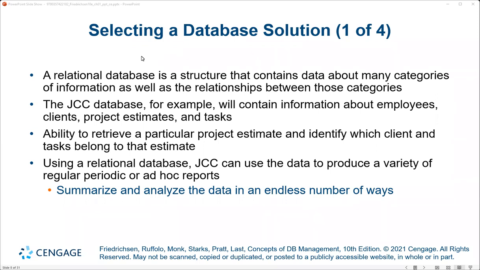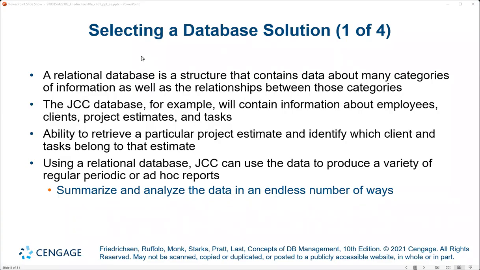We're going to have one list that's essentially one theme of information. So with JCC, we're going to have separate lists, or separate themes, of employees, clients, project estimates, and tasks. Within each list, each entry is going to designate a separate, what we refer to as, entity.